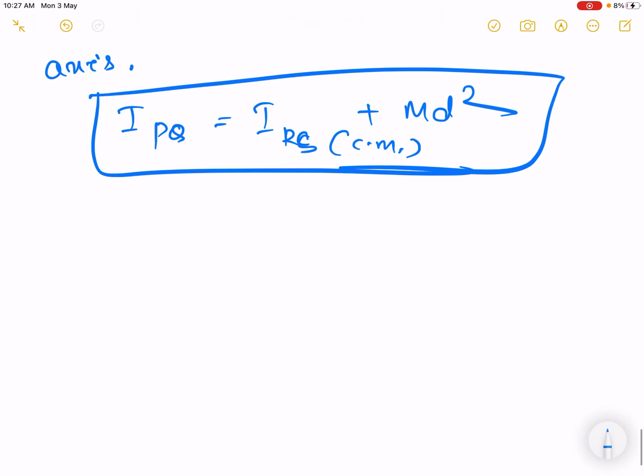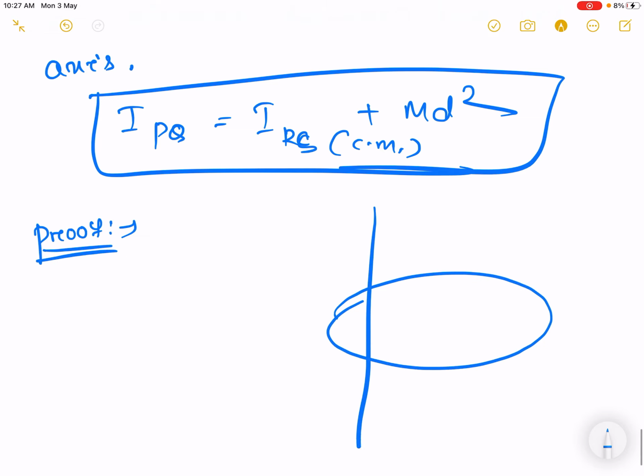So in order to prove this, first we will draw a rigid body. This is the axis. This is another axis passing through center of mass point. This is the position of a particle of rigid body.